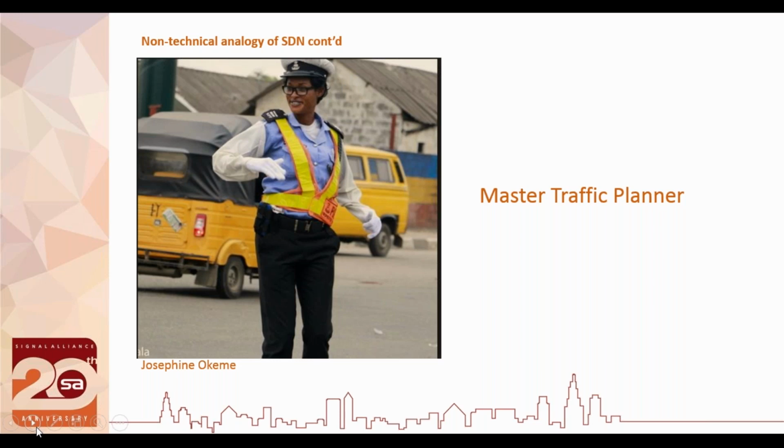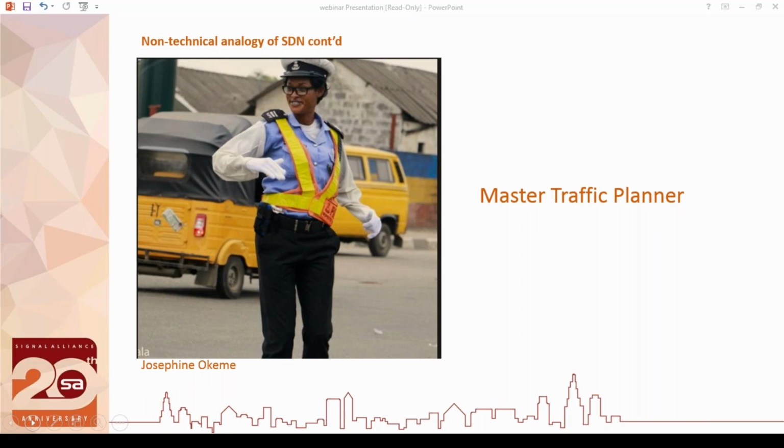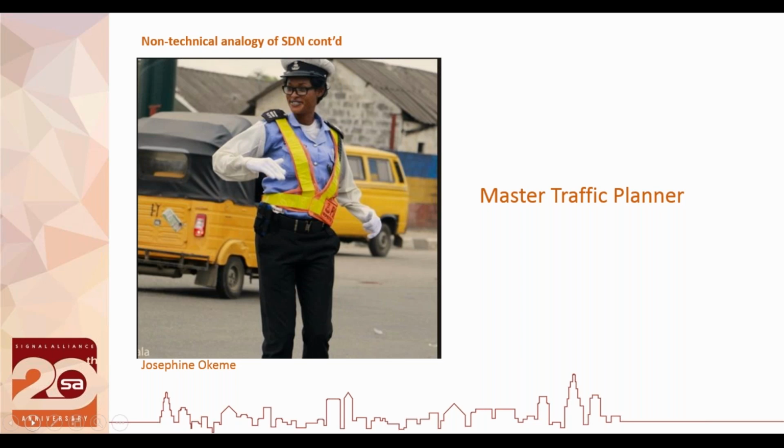The difficulties of optimizing flow of traffic, smooth flow of traffic, all of that this master traffic planner has to take into consideration, and trying to probably add new lanes on the roads, prioritize some particular traffic, prioritize some certain category of vehicles, probably the ambulance system. All of this has to be done by a human being.